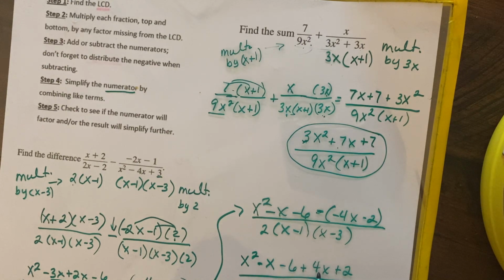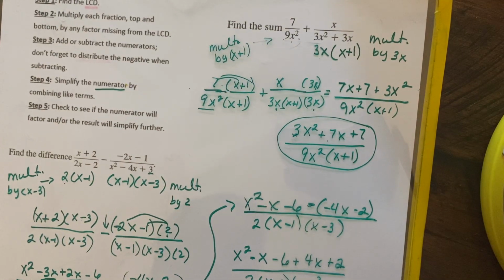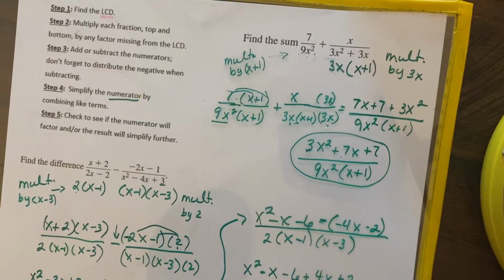So I have a negative 1x and a 4x. That gives me a positive 3x. And then I have a negative 6 and a positive 2, so a minus 4. And that's my numerator. The denominator is still the same.